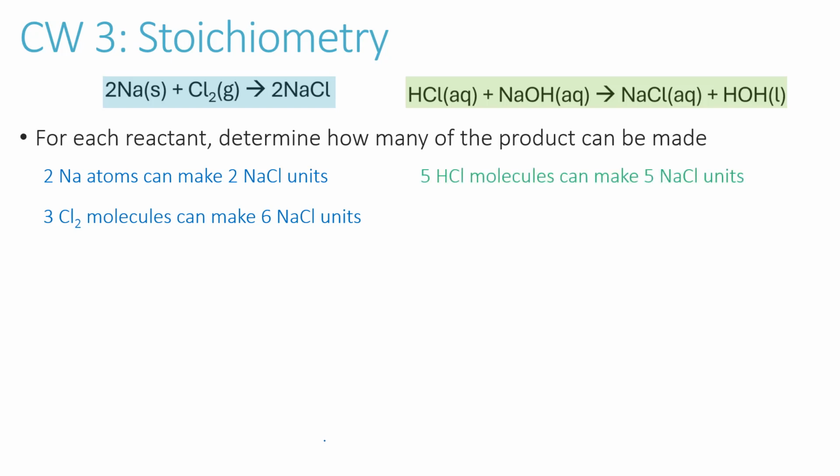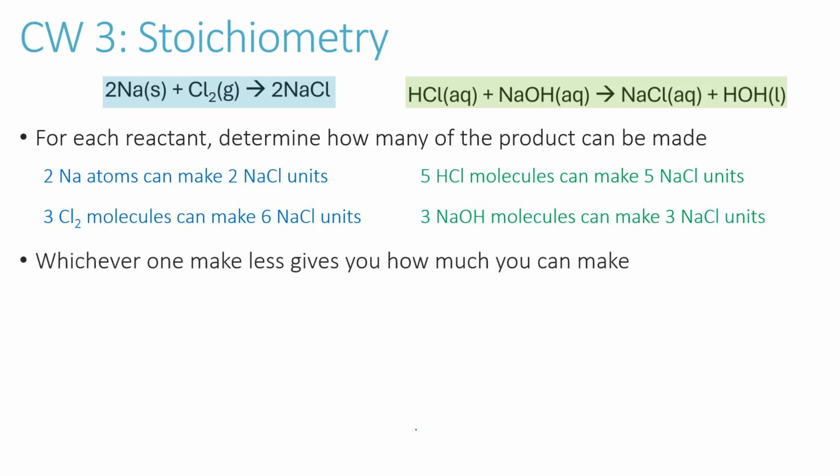For my green reaction, my 5 molecules of HCl could make 5 NaCl units, and my 3 NaOH molecules could make 3 NaCl units. So whichever one makes less tells you how much you can actually make.